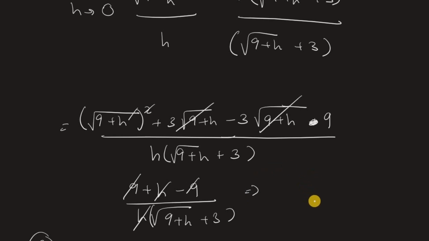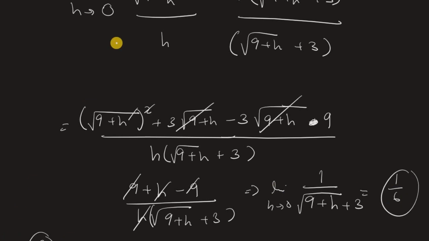So at the end of the day, we're only left with 1 over the square root of 9 plus h plus 3. Okay, that's it, and we have the square root over here, and this is the limit as h approaches 0. So if you plug this limit in, you should get 1 over 6.